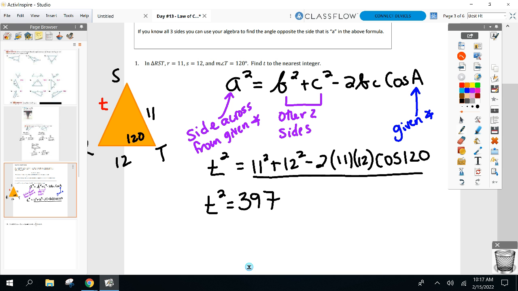Is 397 my side length though? No. That's equal to t squared. Still got to use some algebra here and do what at the end? Square root both sides and round to whatever it asks me to. Nearest integer, same thing as nearest whole number.